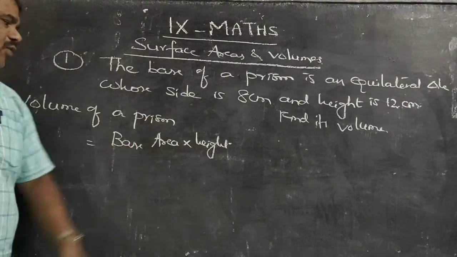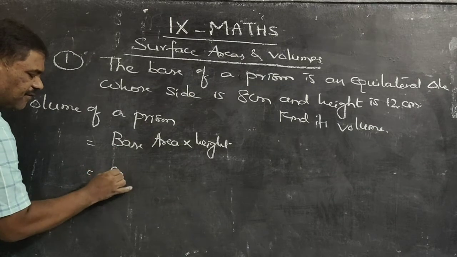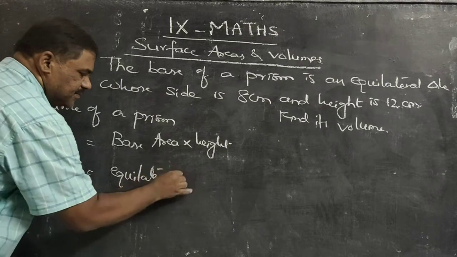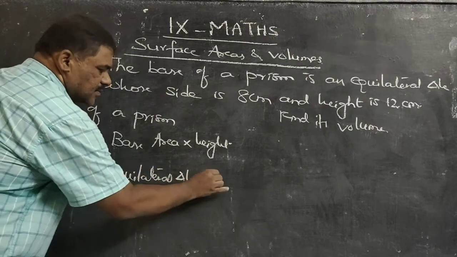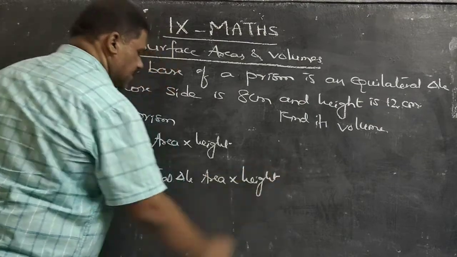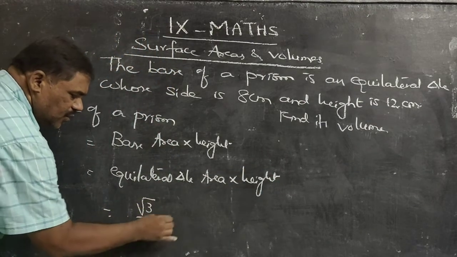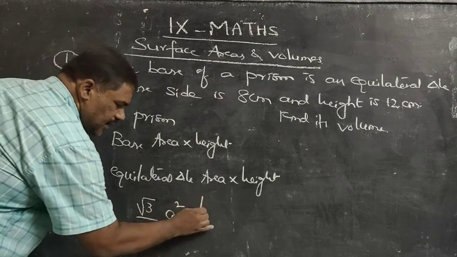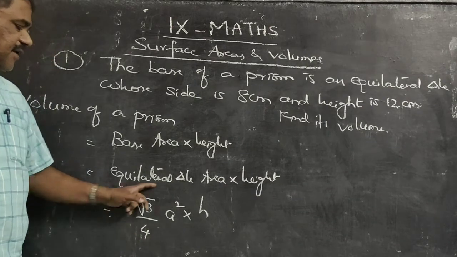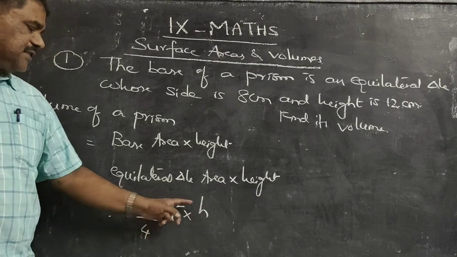If the base is an equilateral triangle, area of the equilateral triangle into height. Area of the equilateral triangle is given by the formula root 3 by 4 a square, into height of the prism.